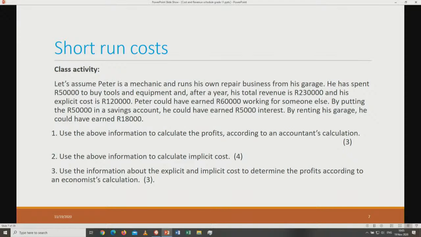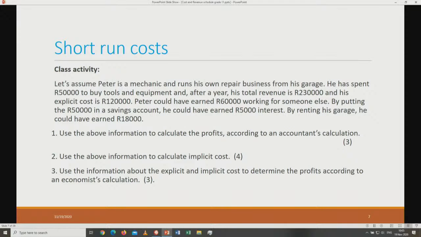And then you also need to know the total revenue of the business, meaning all the income that the business receives for selling their items and many other activities that give them an income. So from that total revenue, we'll subtract total cost, and then that will give us a profit. So whether we are calculating an accounting profit or an economic profit, the question will be specific.